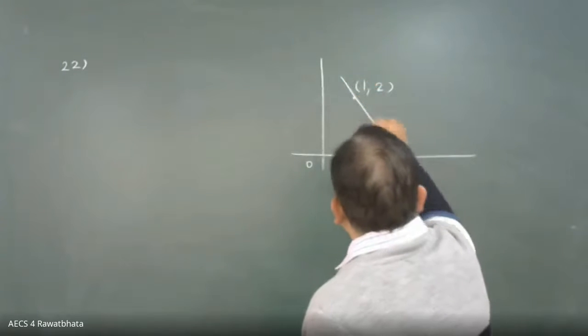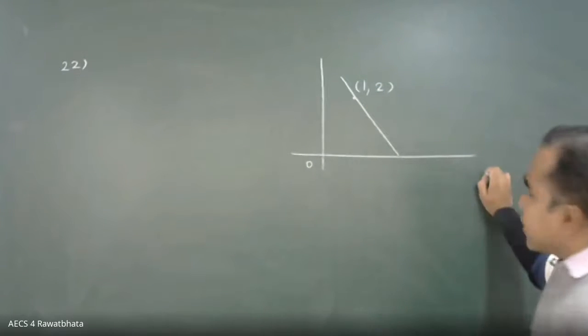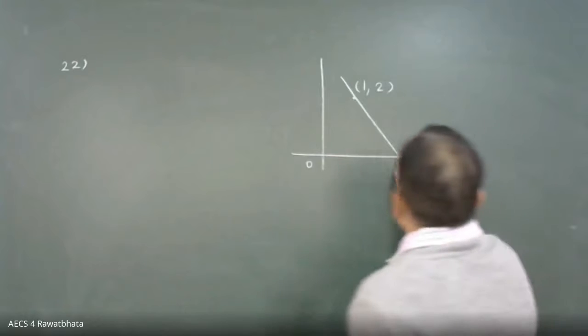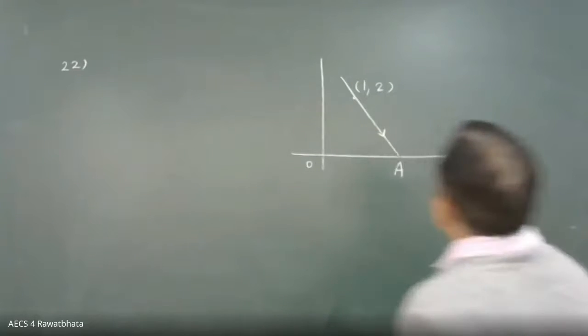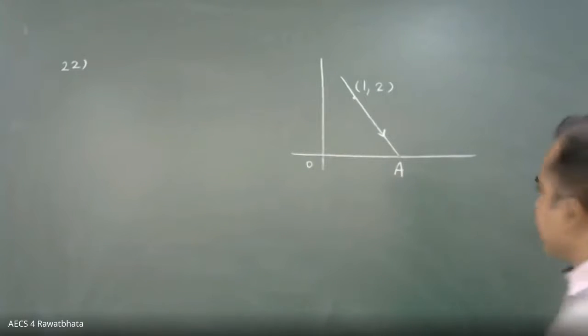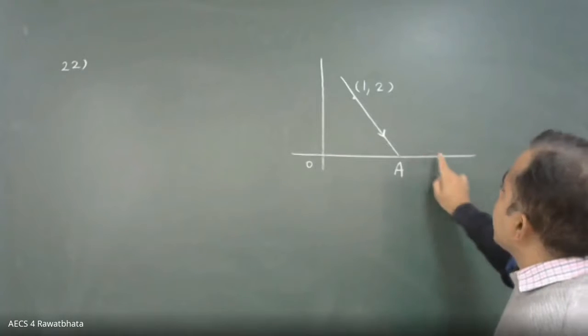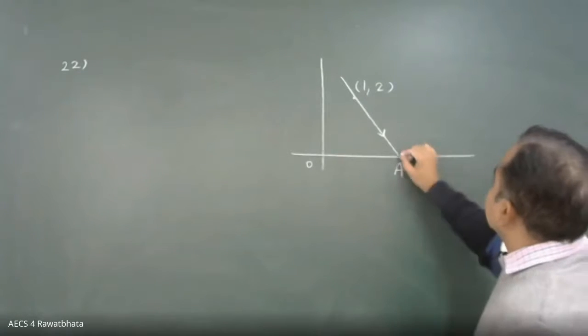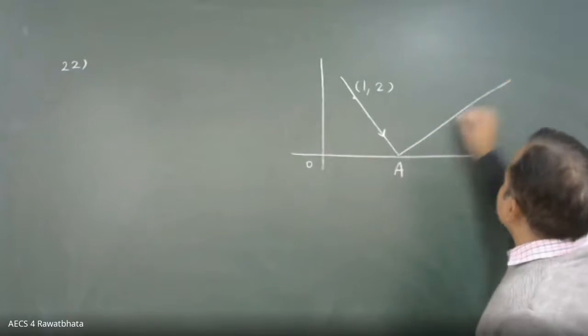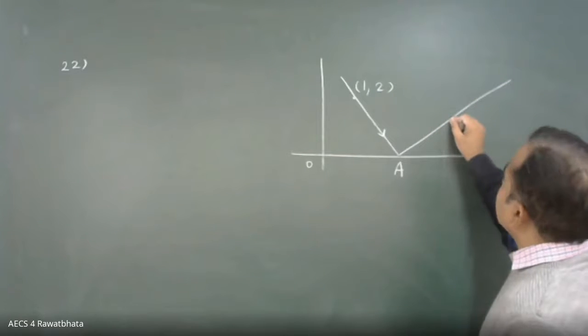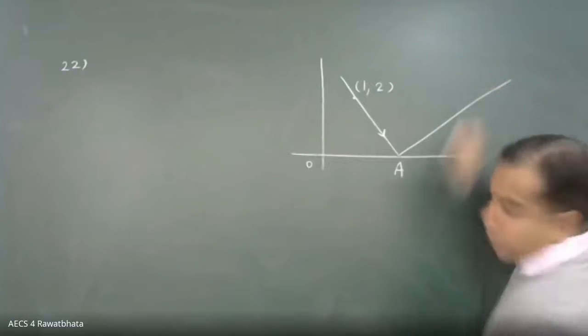And it intersects the x-axis at point A, and then it gets reflected. After getting reflected, it passes through which point, Jyoti? (5, 3). So it passes through the point (5, 3).